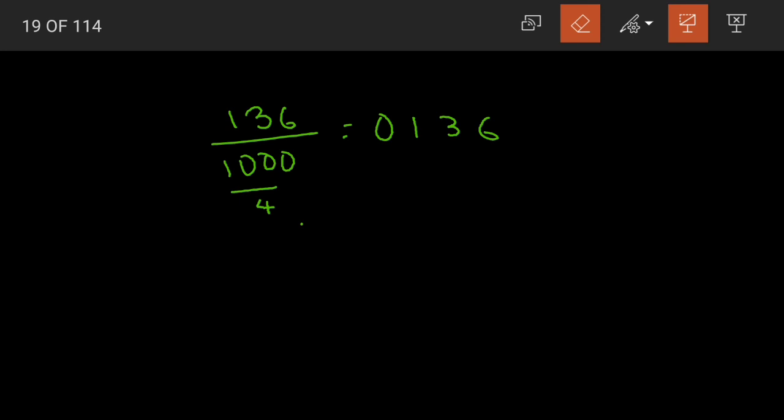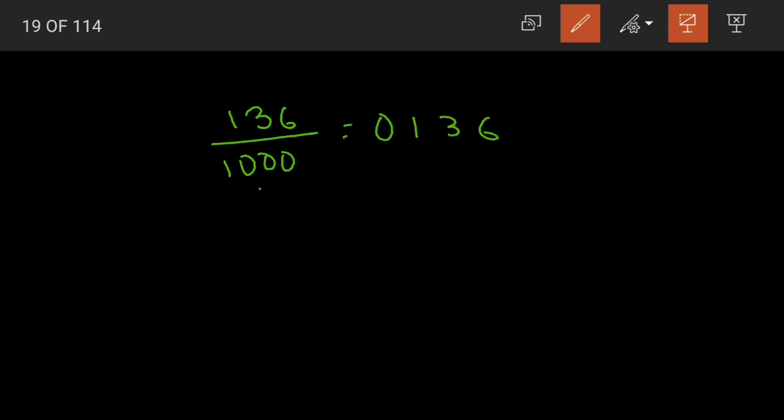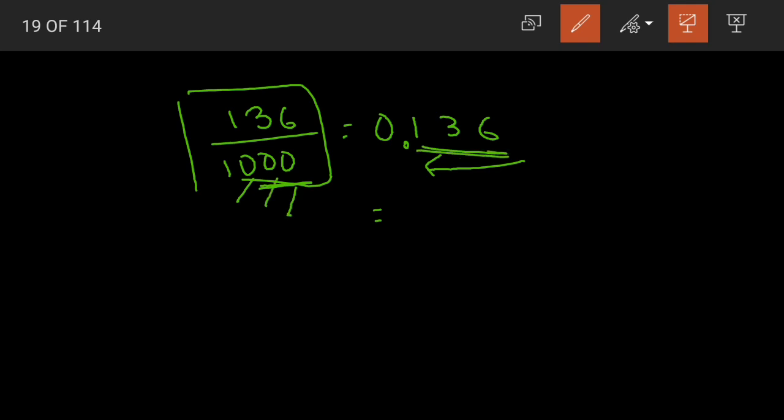Now coming to the second step, what is the second step? We need to count the number of zeros in the denominator. We are having 3 zeros in the denominator. So after 3 digits from the right, we'll place our decimal point. 0.136 is our decimal number for the fraction 136 by 1000. See, 1000 has 3 zeros, so even in the decimal number we need to have 3 decimal places.